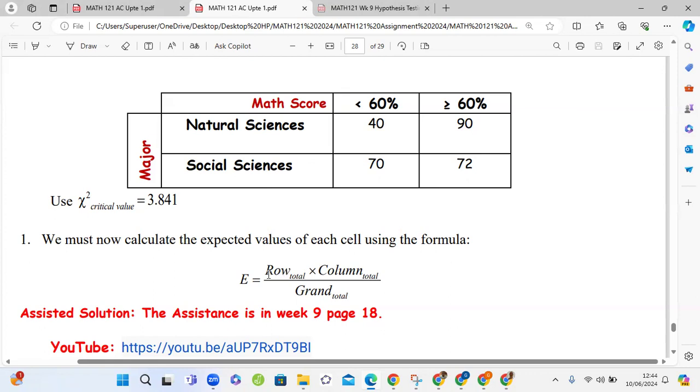So the expected values we have to calculate by multiplying the row total times column total over grand total. So we have to get the row totals, the column totals, and the grand total. So let's do that.